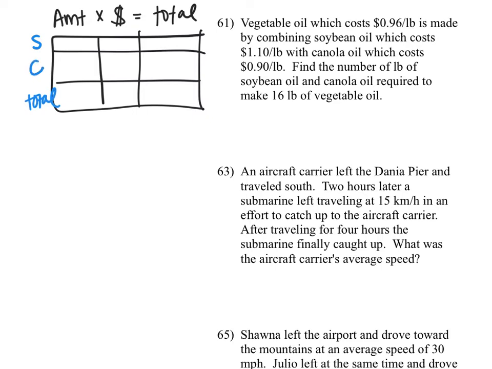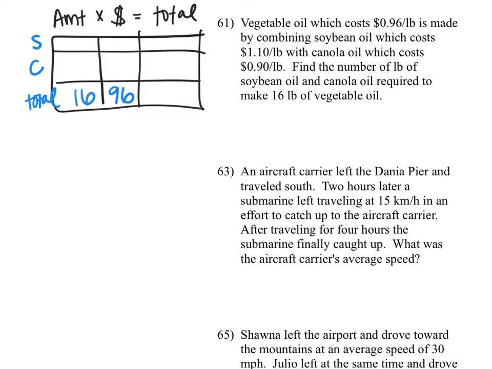My vegetable oil costs 96 cents a pound and is made by combining soybean oil and canola oil. So the 96 cents a pound is for our total, so I'm going to put 96 cents here. We also know that the total number of pounds of vegetable oil is 16.